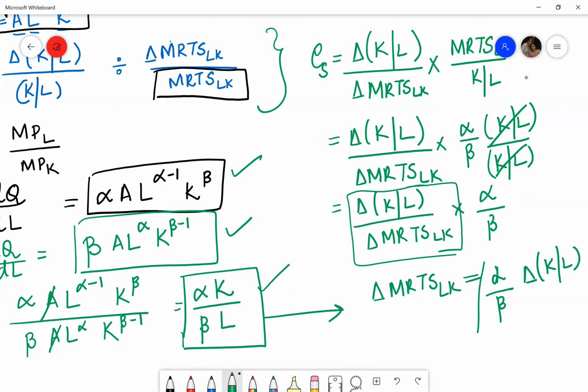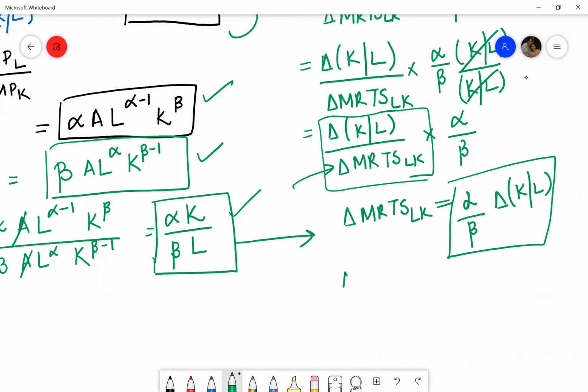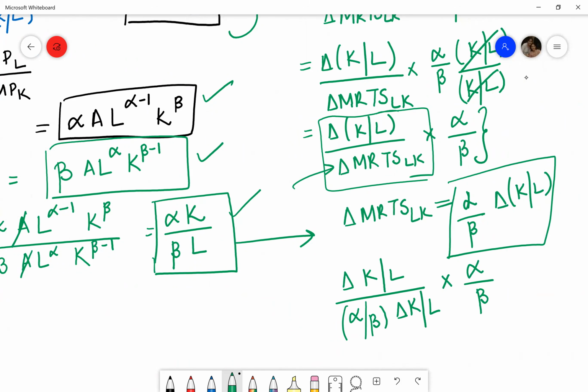So if we substitute this value in our denominator, we get change in K by L divided by alpha over beta, right, into change in K by L multiplied by this term, that is your alpha over beta.